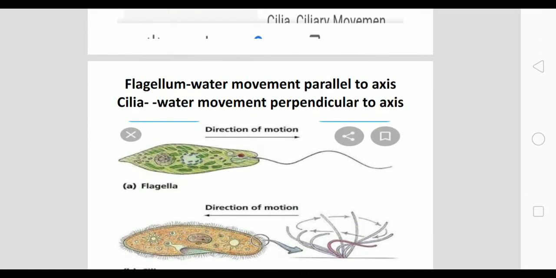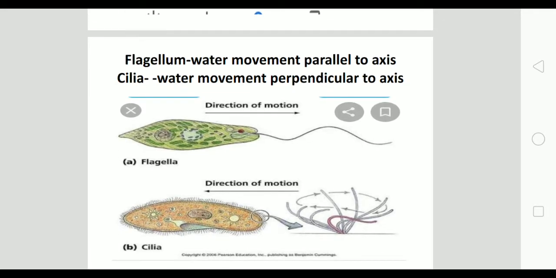In the next diagram, you can observe both the direction of water as well as the direction of the animal. In the first diagram, flagellum movement is there, that is euglena. Its single flagellum shows beating, wriggle-like movement. This movement is parallel to its axis. Water movement is also parallel to its axis.